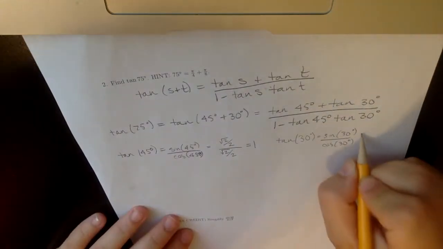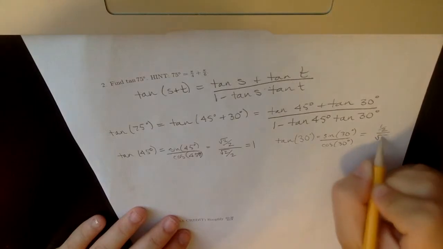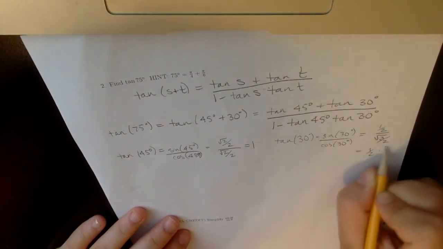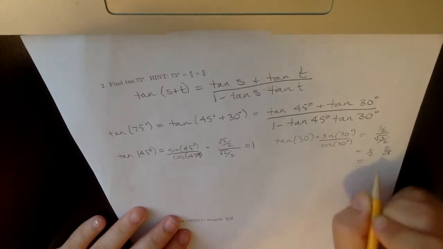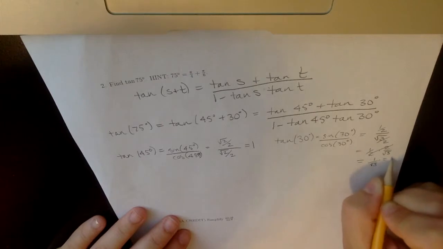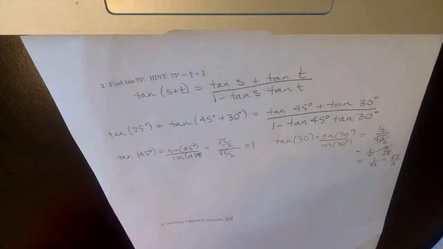Now, sine of 30 degrees is 1/2. Cosine of 30 degrees is root 3 over 2. So this is 1/2 times 2 over root 3, which is 1 over root 3, which we can rationalize the denominator and find out that it's root 3 over 3.